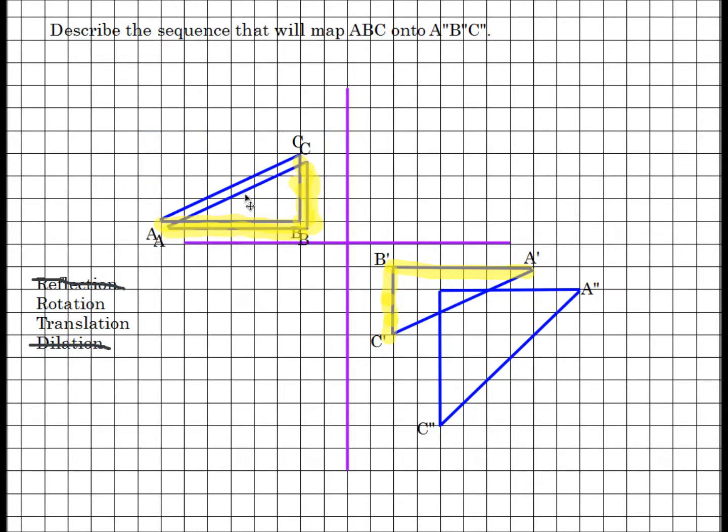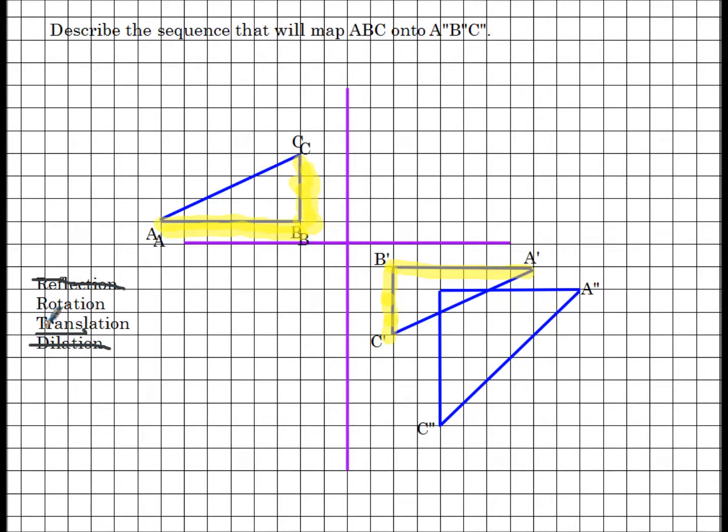So here's that figure. Sliding the figure does not change where A, B, and C are. And if I move it here, A, B, and C have changed the order. So when you slide a figure, B, C, and A stay in the same location. So we can get rid of the idea that it is a translation.